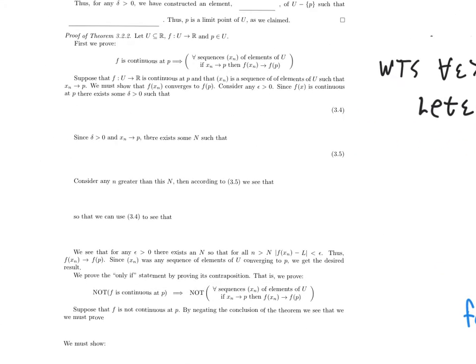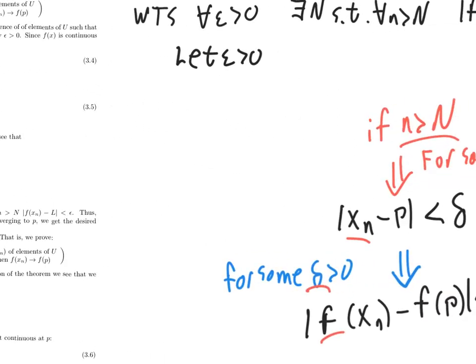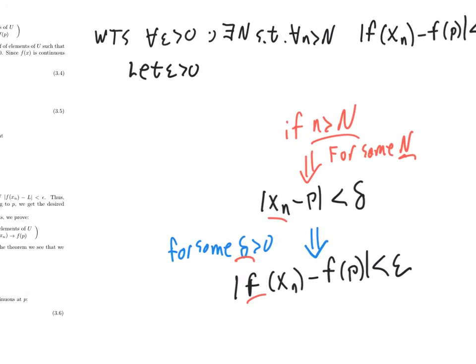So let's suppose that f from U to R is continuous at p, and that x_n is a sequence of elements of U such that x_n converges to p. I want to show that f of x_n converges to f of p, so I should start by considering any epsilon bigger than 0. The first thing that I did over here, chronologically, is write this down.